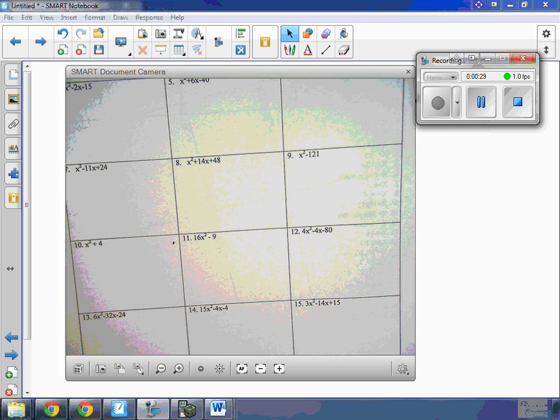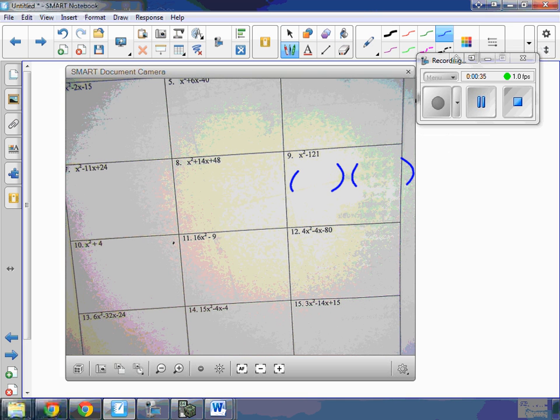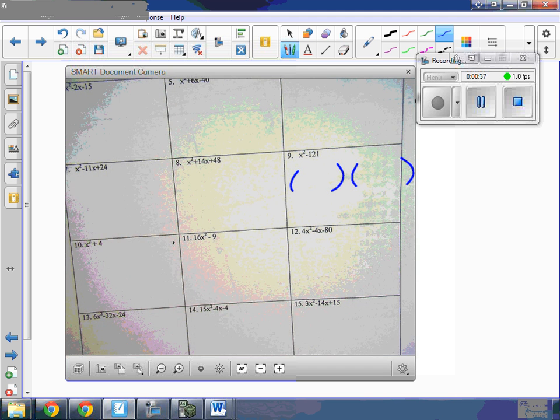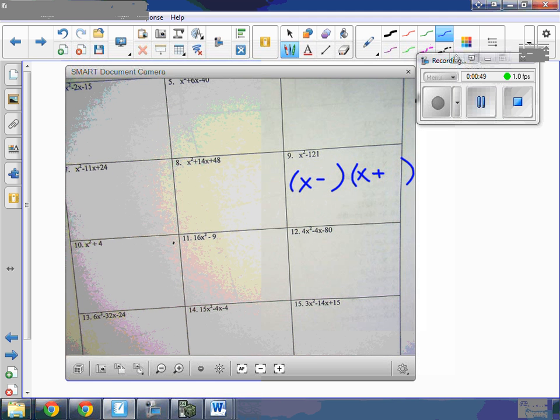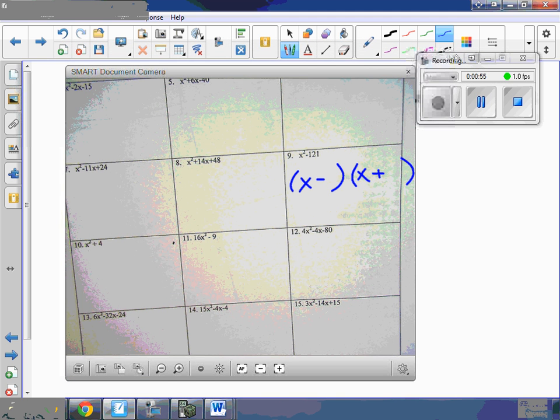Does anybody remember how to factor this type? X and x, they have to be different because it's negative 121, so it's minus and plus. They have to multiply to 121 and equal 0.